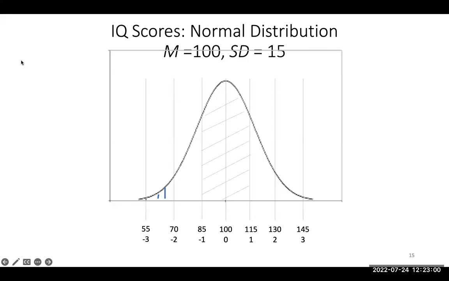So if we were to mark off 100 right there, it is above the zero, meaning that's the mean. If we were to mark off the value of one standard deviation below, then we would put 85, right? So 100 minus 15, that's one standard deviation, equals 85. Then 100 plus 15 equals 115.